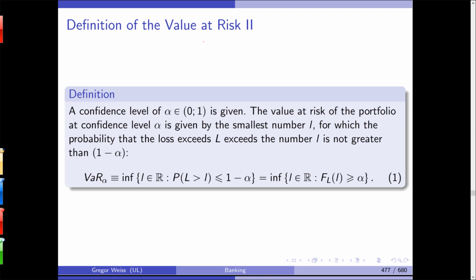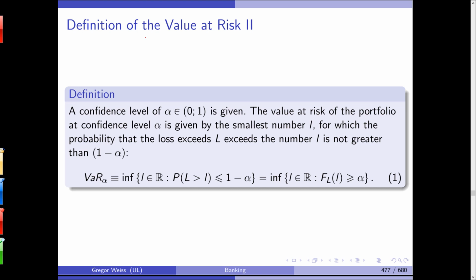What is value at risk? It's the alpha percent quantile of the loss distribution, or the alpha percent quantile of the profit and loss distribution, or the 1 minus alpha percent quantile of the loss distribution. That's the exact mathematical definition, which it turns out is a quantile. So what is a quantile?